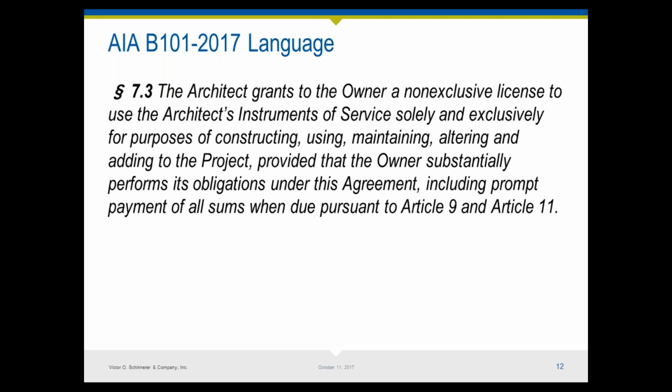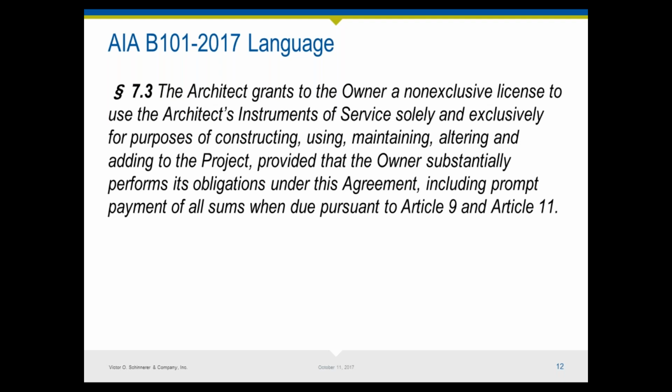Now, this was changed slightly from the 2007 version, and part of it is to refer to Article 9. Article 9 is a new provision in the 2017 B101 that allows, and actually tries to force, the architect and the project client to predetermine a licensing fee that would apply if the contract is terminated for the owner's convenience or by the architect for cause.